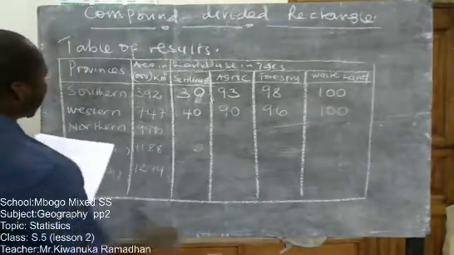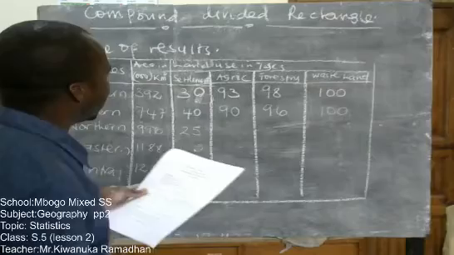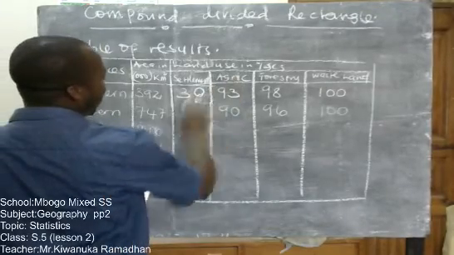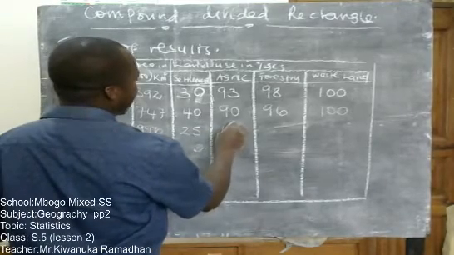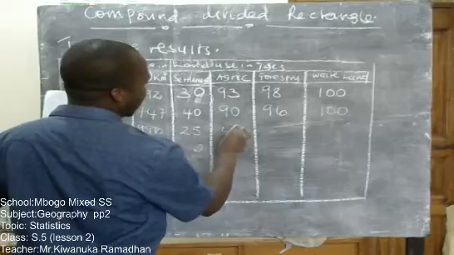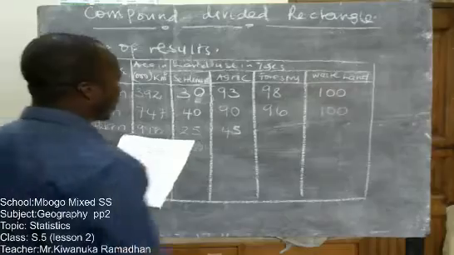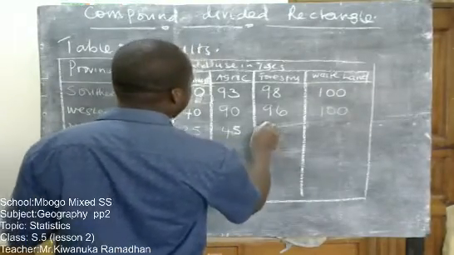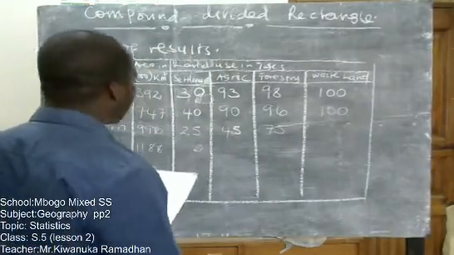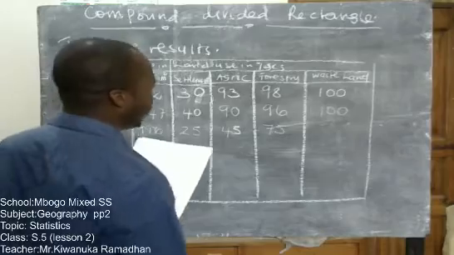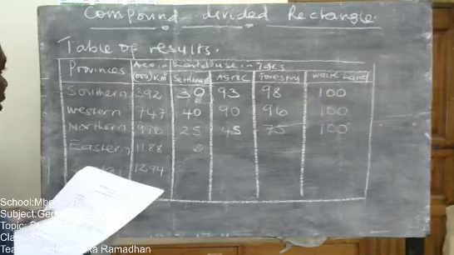Northern settlement is 25. 25 plus agriculture 20, that is 45. 45, add on 30, that is 75. 75, add on 25, it becomes 100.